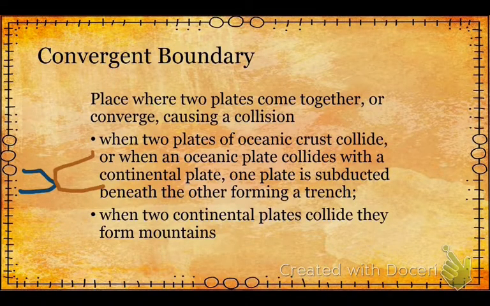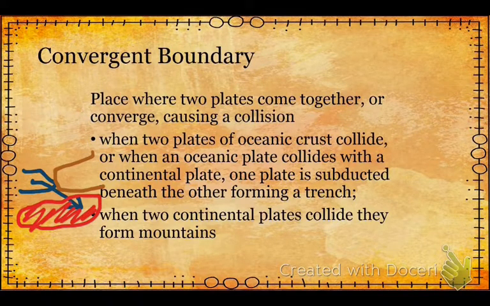What will happen in this case is the oceanic plate will actually go underneath and turn back into lava, okay, into the mantle, which is under here, and remelt, and it'll cycle like that, okay? So they're moving in towards each other, and the ocean plate will subduct underneath the other plate, and this forms a trench, okay?